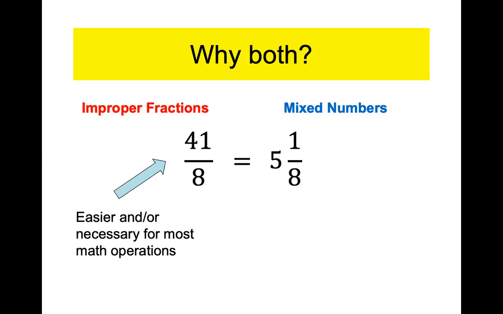Now, the question is, well, if improper fractions are better for math operations, why do we have mixed numbers? Because as human beings, it's easier to wrap our head around 5 1/8. I need 5 pizzas and a little bit of a 6th one than if you think about 41 over 8. Well, how many pizzas do I need to buy if I need 41 slices if all the pizzas are cut into 8 slices? You can kind of see there why mixed numbers are actually easier to wrap your head around in terms of, how many things are we talking about?